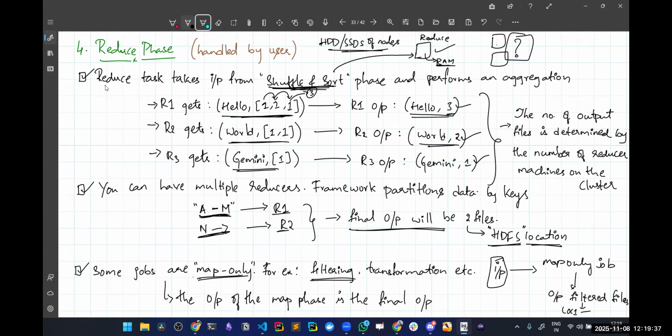And this can be picked up for our word count analysis, our word count program. So this is a map only job. It doesn't require any reduce phase. Even transformations, let's say you want to clean the data, don't require any reduce phase. So that's how it is. The map output is the final output here.